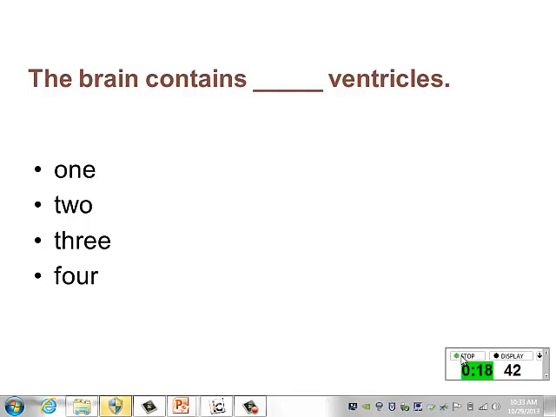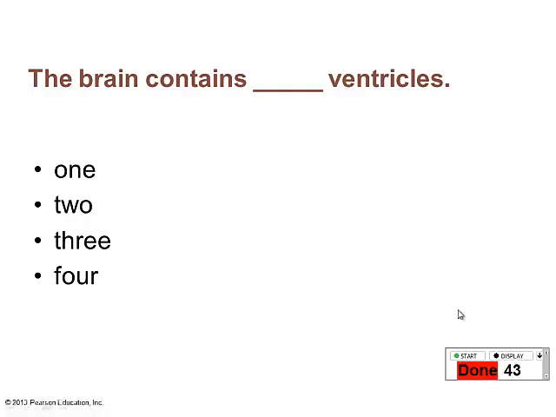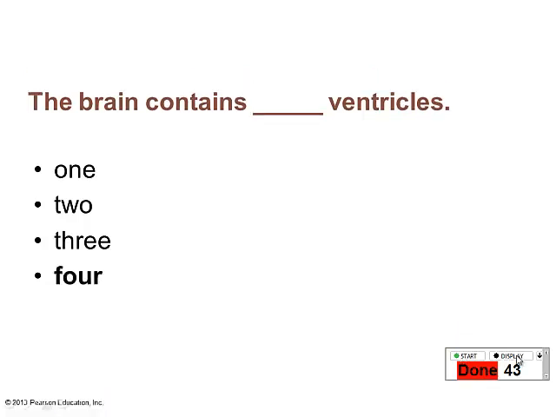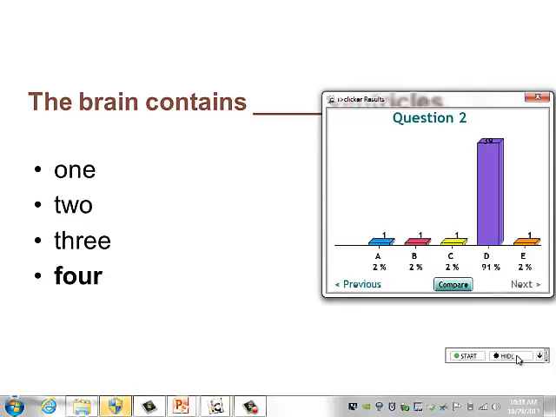Five, 4, 3, 2, 1. How many? 4. Ooh, I bet you we get 100. You think? Oh, E. There is no E.